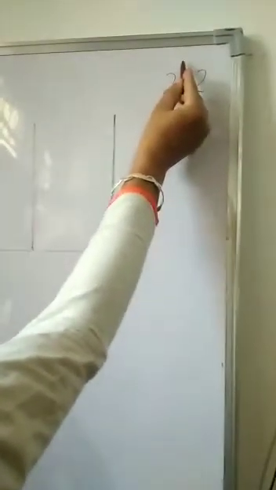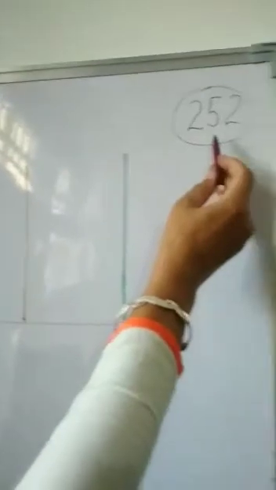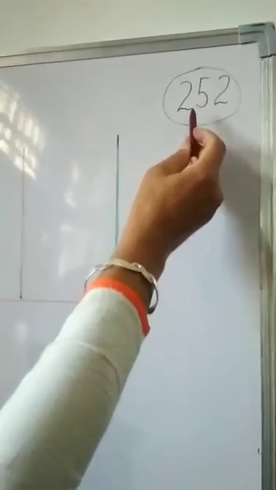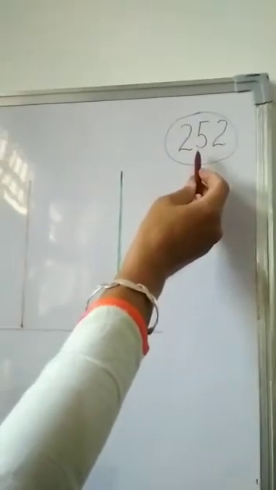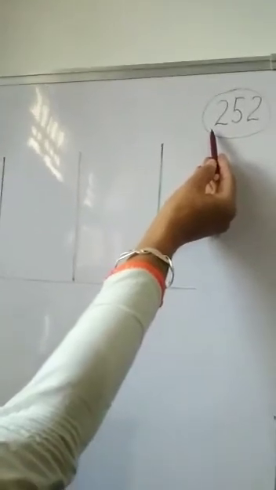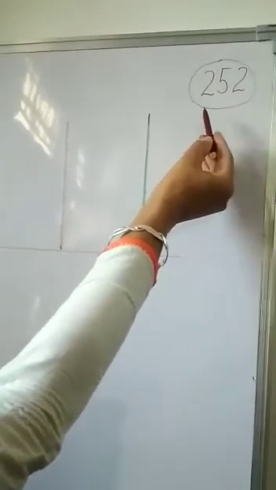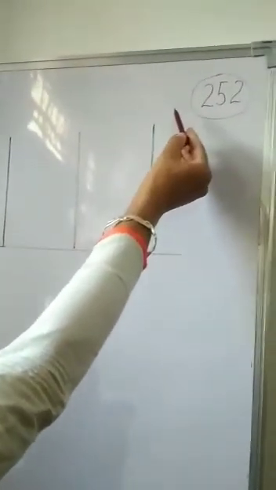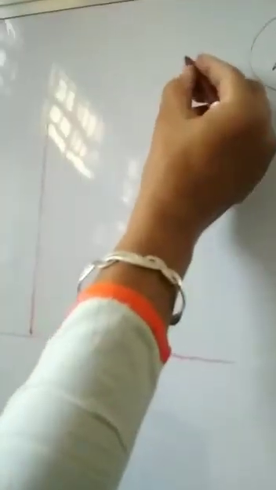Our number is 252, and we know that the place value of the digit 2 in this number is ones, the place value of the digit 5 is tens, and the place value of the other 2 is hundreds. So I am going to write these three place values at the top of this frame of the abacus.